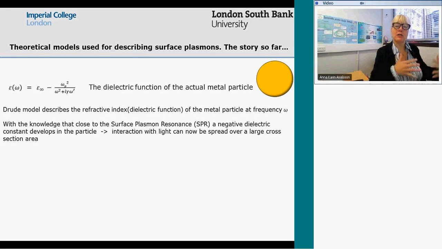So that's now to some of the early studies we did on the solar cells, where we used theoretical models for describing the scattering. This is now being tied together over the years.